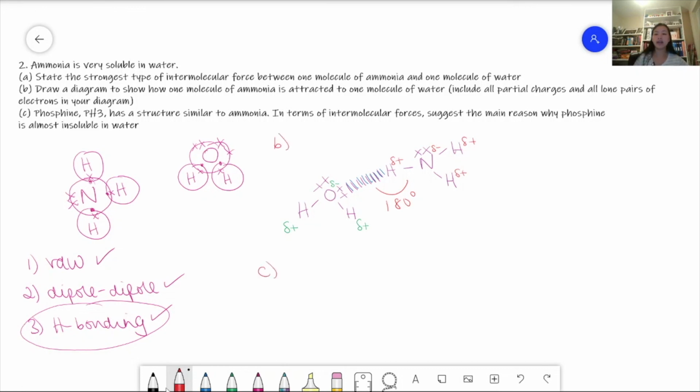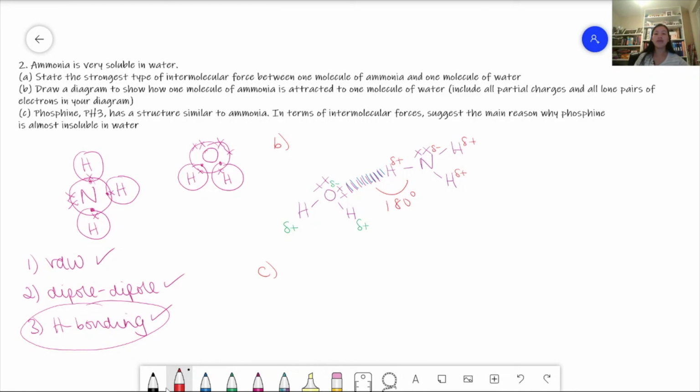So for C, phosphine has a structure similar to ammonia in terms of intermolecular forces, suggest the main reason why phosphine is almost insoluble in water. So with ammonia, the lone pair on the nitrogen can form hydrogen bonds with the hydrogen of water. And so hydrogen bonds form, which makes it soluble.